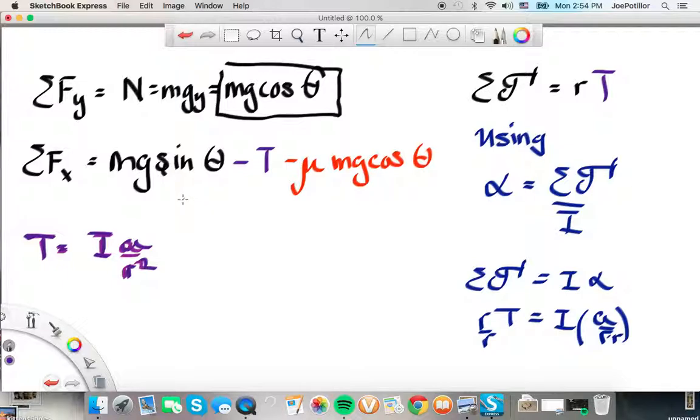Now that we know that, you can plug that in for our tension, and then use Newton's law for linear acceleration to help us find what we have.